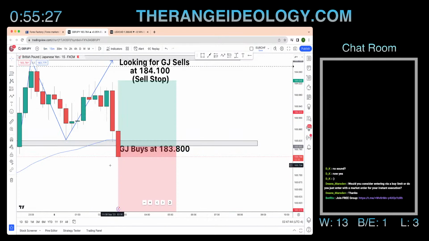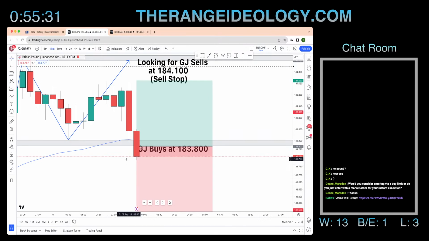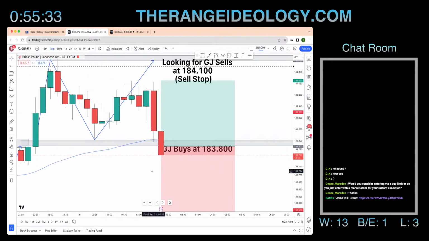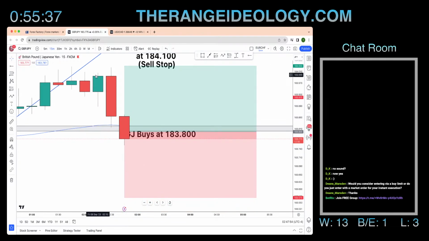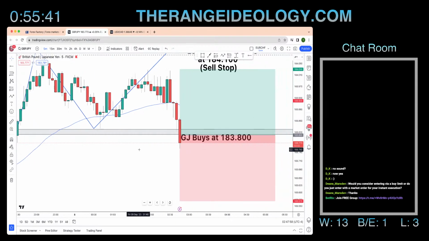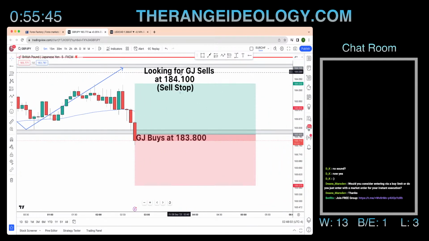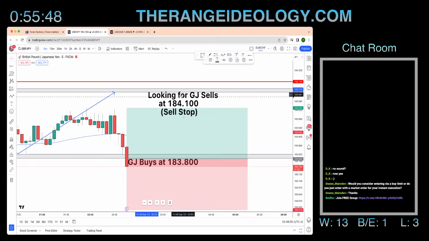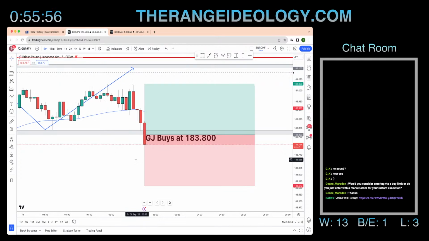Right, and it's just crossed the EMA here. Looking for the price to reject this. So 23 pips, 1-to-1 risk here.